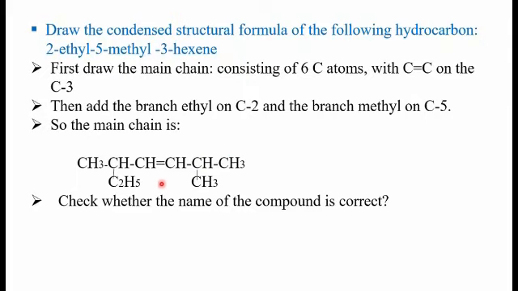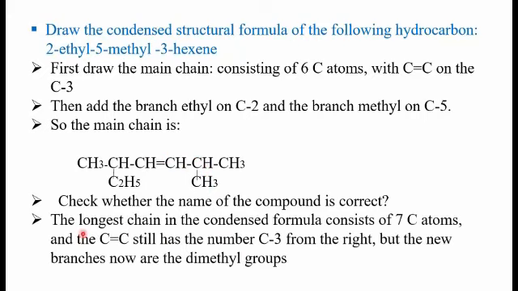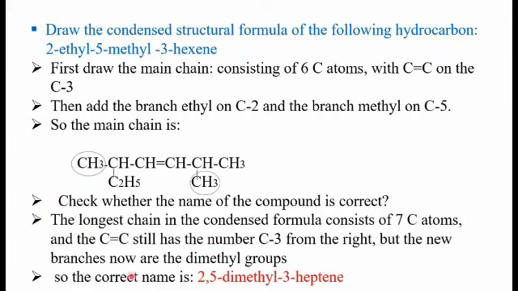So we have 2 methyl groups on the second carbon atom and on the fifth carbon atom. So the nomenclature is 2,5-dimethyl-3-heptene, with 3 the position of the double covalent bond.